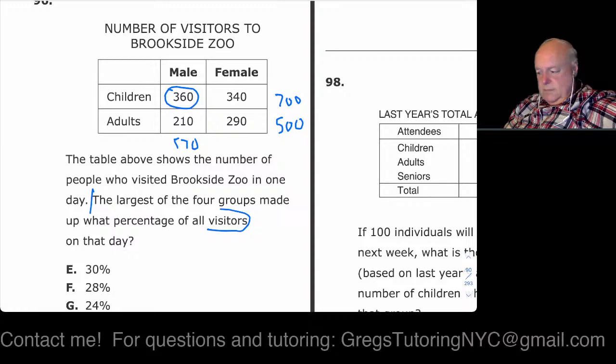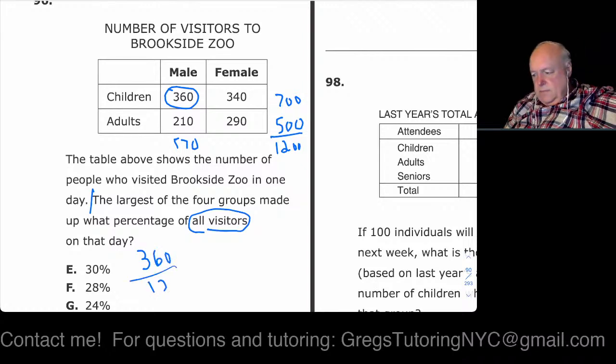All right. So all visitors is 1,200. Just like the previous example, this is a percent question. So it comes down to 360 over 1,200. I can cancel the zeros out.